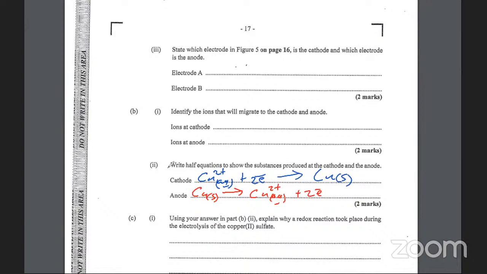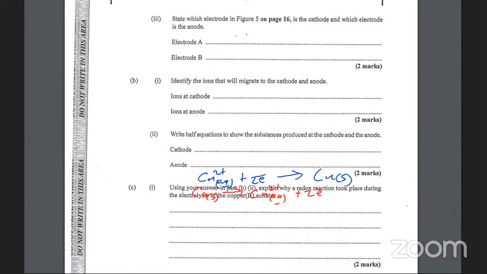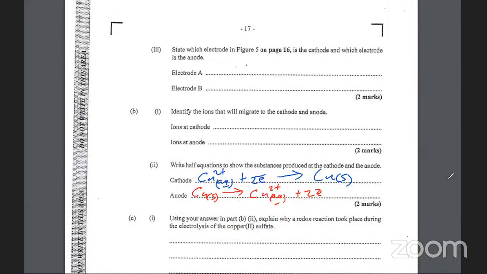But using your answer in part B2, which is these two half equations, explain why a redox reaction took place during the electrolysis of copper sulfate. So before I write it, at the anode, oxidation is taking place. At the cathode, it is reduction. So a redox reaction is one in which both oxidation and reduction take place.